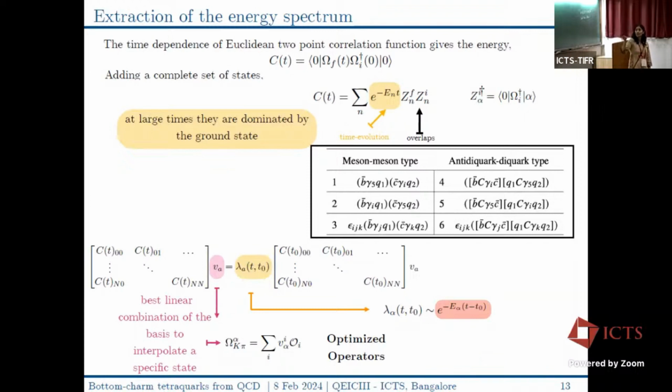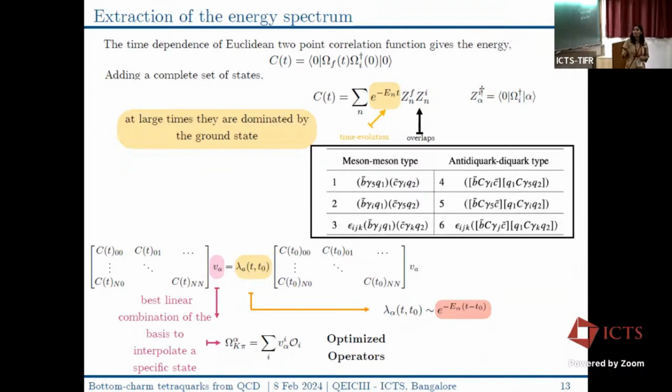Since we work in Euclidean time, if we add a complete set of states and do the spectral decomposition, we see that the correlation function falls off exponentially with respect to energy. So we can fit the exponential of the correlator and get out energies.